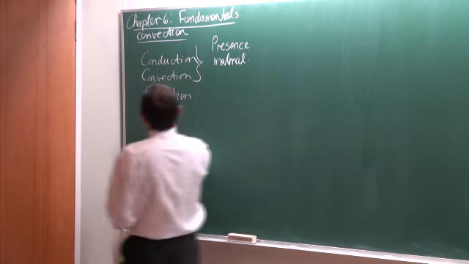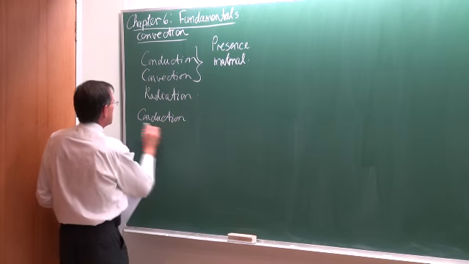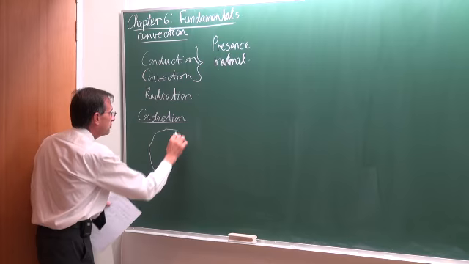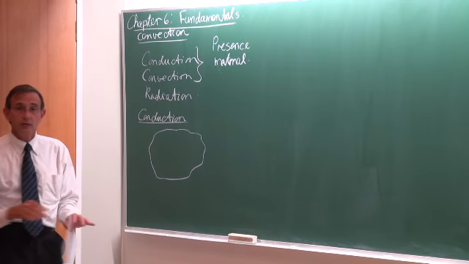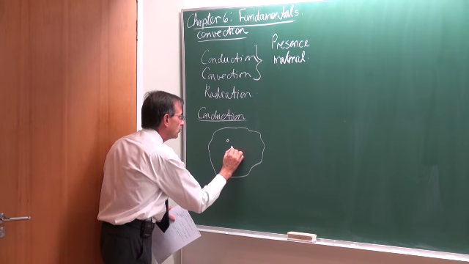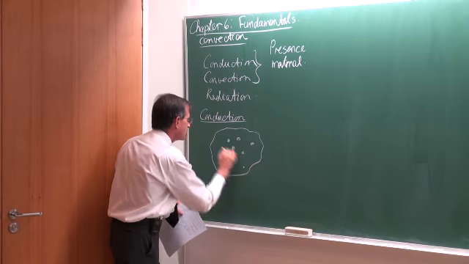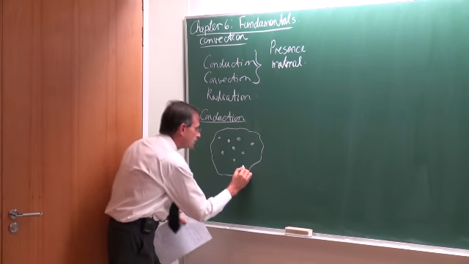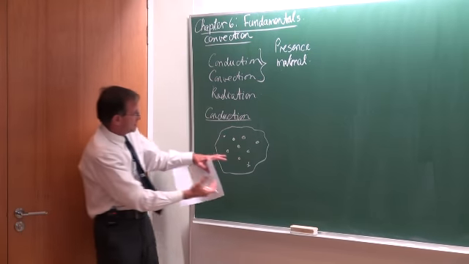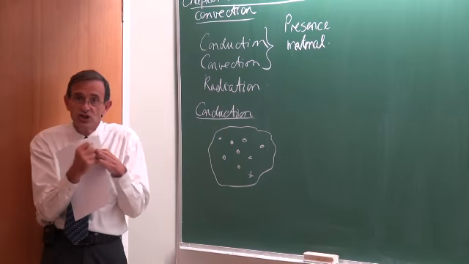Now, if we just come back to conduction again, and the mechanism of conduction. If we look at a body, then typically in a solid, there will be molecules, and they are relatively close to each other. And as we know, they vibrate, especially in something like copper or diamond, where they are very, very close to each other.